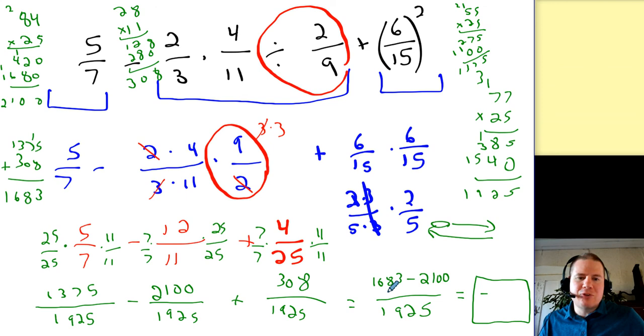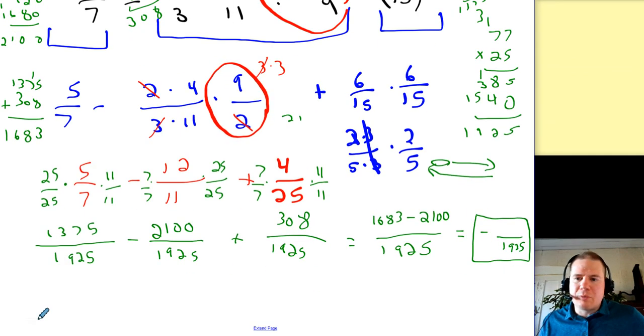This answer is going to be left of 0. So my whole fraction is negative. Now, what is this numerator? We'll have to do my big subtraction here. So 21, I'll just slide down, get more space here. Okay, 2100 minus 1683.